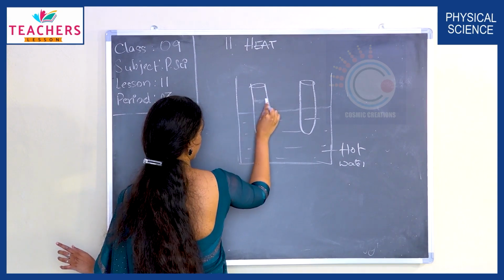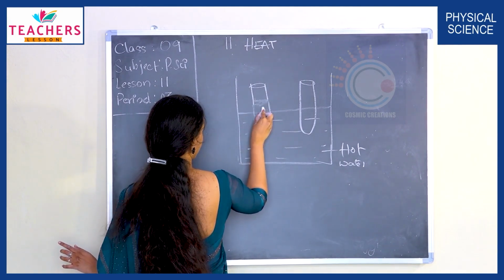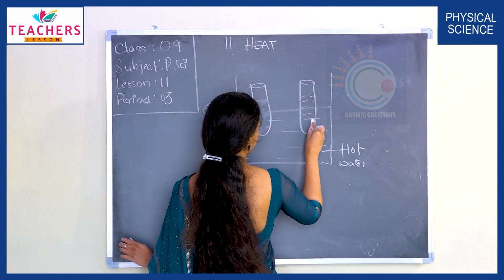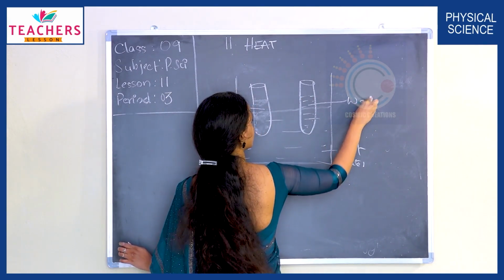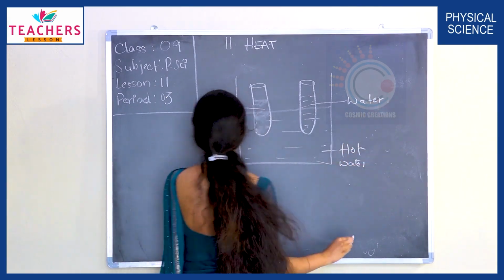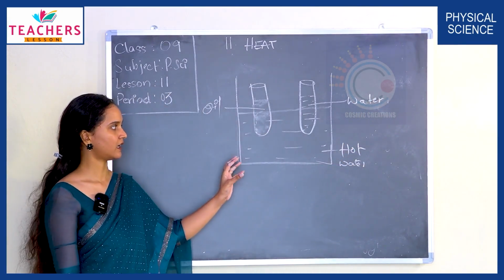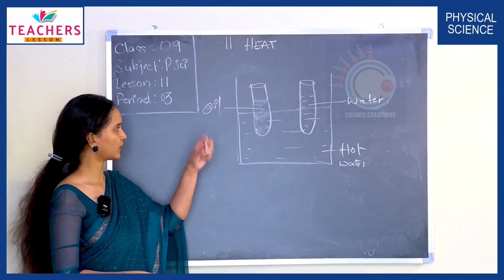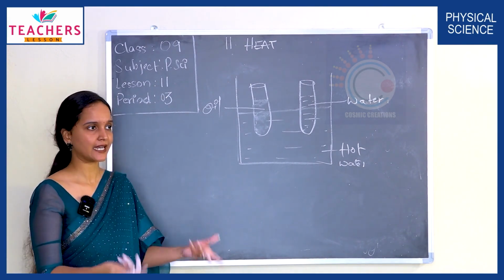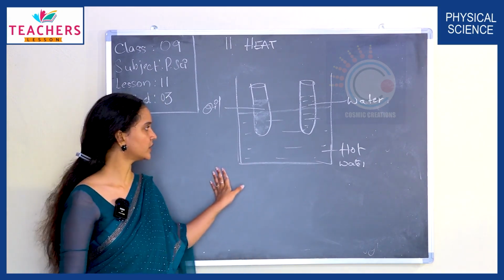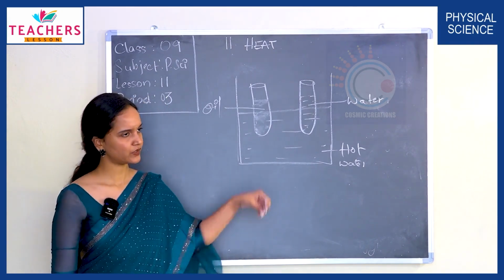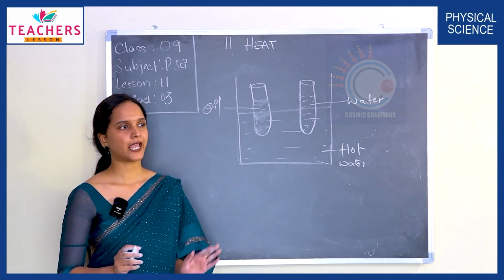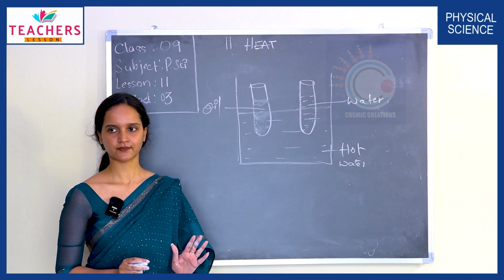Test tube 1 contains oil and test tube 2 has water. Let's place these two test tubes containing water and oil at the same temperature, and immerse them in a beaker with hot water, and we'll measure the temperature of oil and water every 2 or 3 minutes.